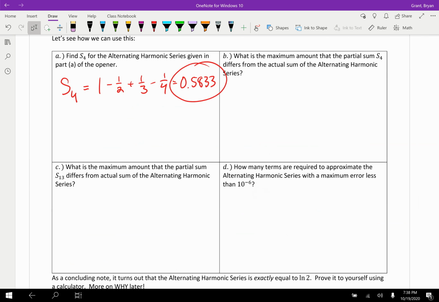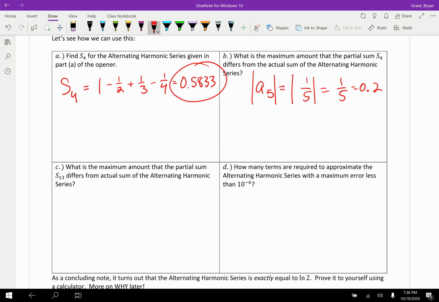Well, what's the next term that I didn't write here? The next term, not S sub 4 or S sub 5. The next term that I didn't write is the fifth term. And the fifth term in absolute value, because it doesn't matter if it's going above or below, in this case it's going above, so it'll stay positive. But the fifth term is just 1/5, which means the most that I am off by here is 0.2, in case you were curious.